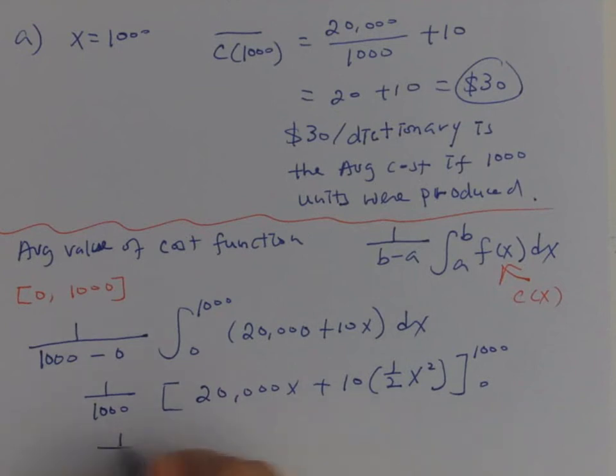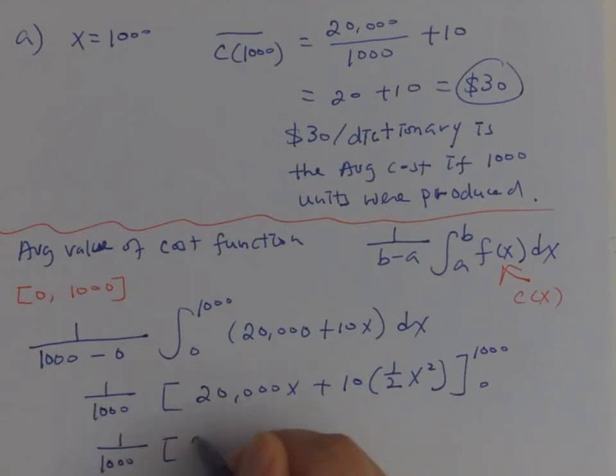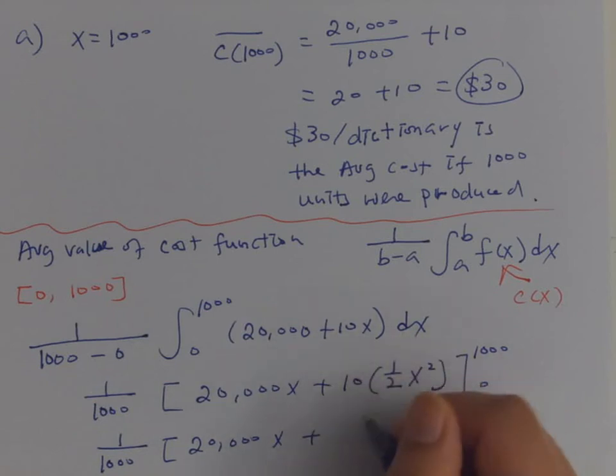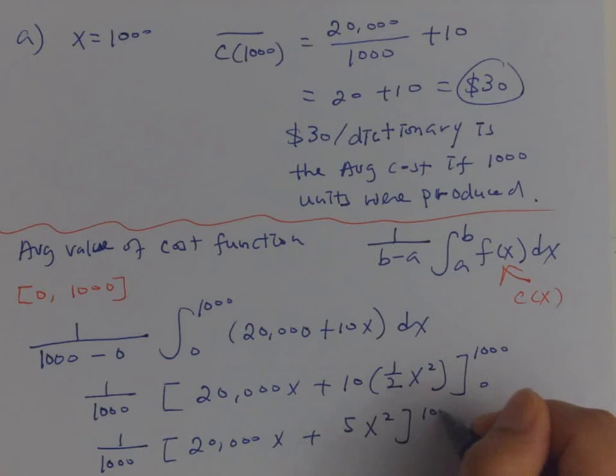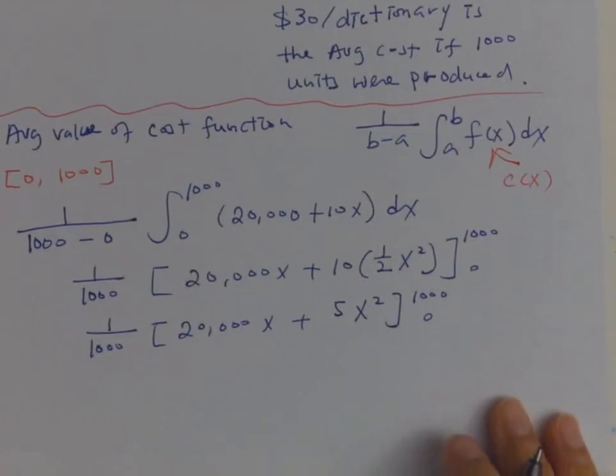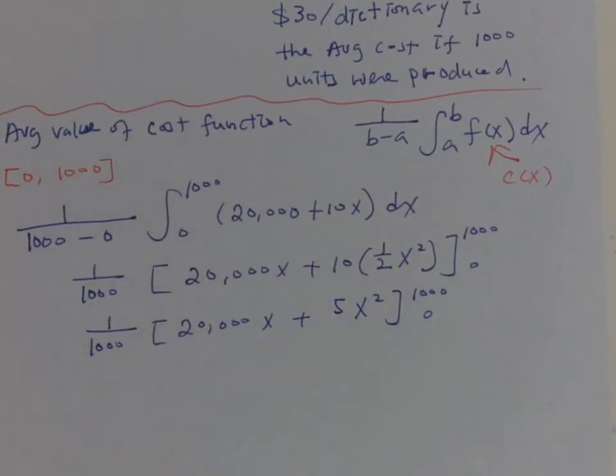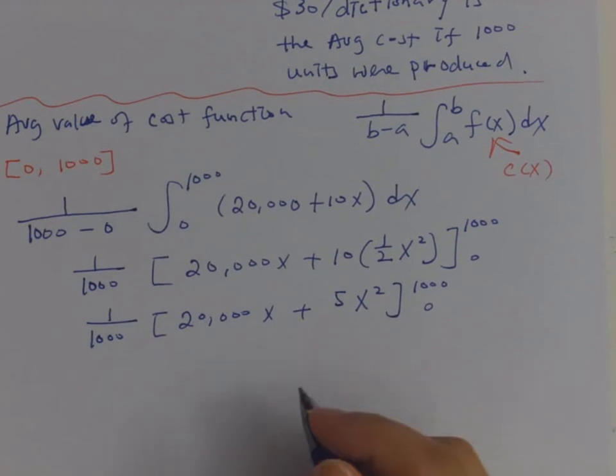So clean that up. 1 over 1,000. This is 20,000x plus basically 5x squared, right? I think we are ready to plug it in. And I especially like that the second part is 0, so everything will turn into 0, so it's perfect.